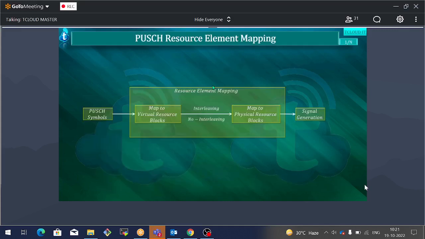Now, we have this concept of virtual resource blocks and physical resource blocks and interleaving and non-interleaving in uplink as well, just like downlink. What happens in this particular scenario?